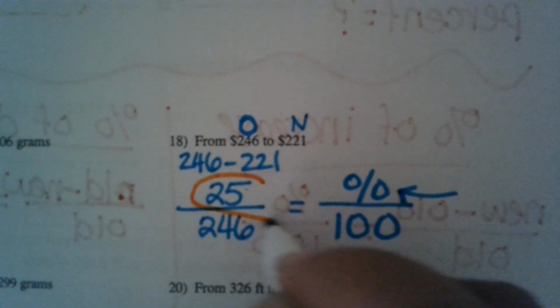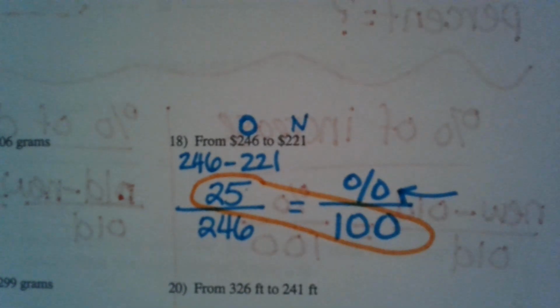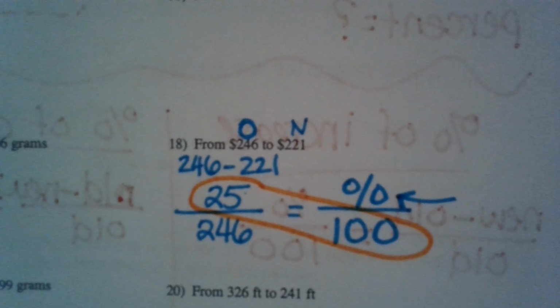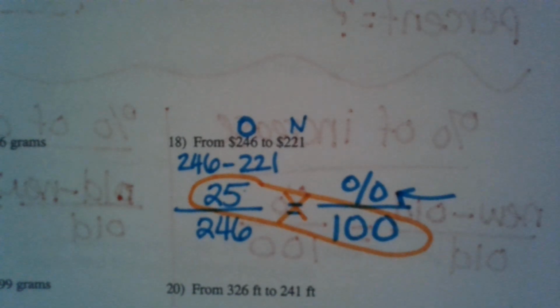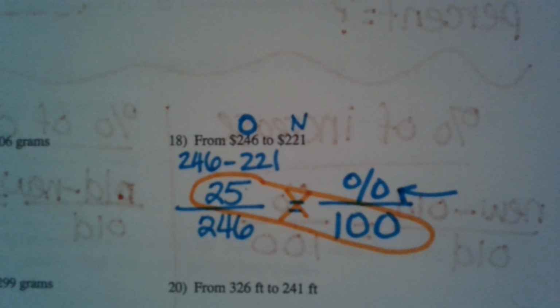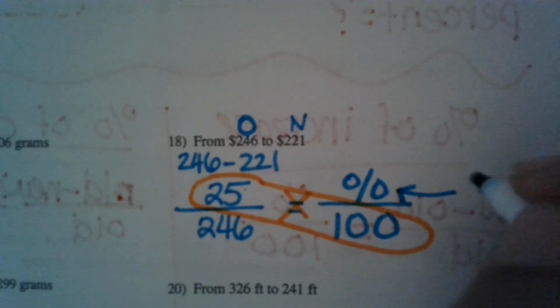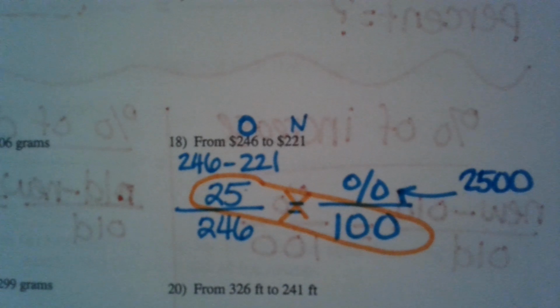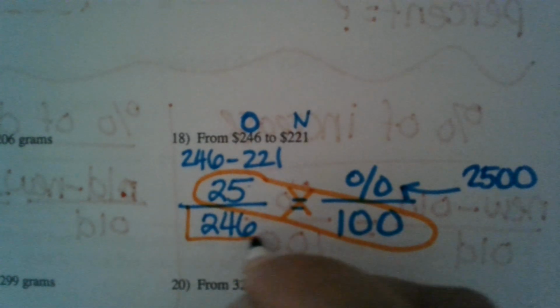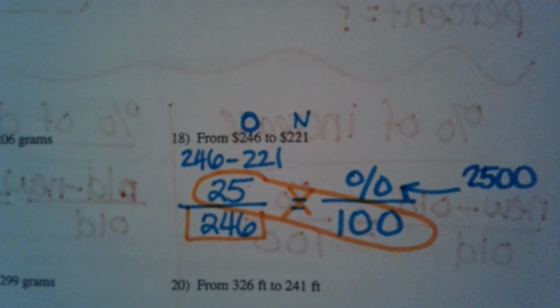So I'm going to multiply the two numbers that are diagonal from each other. So I can do 25 times 100, which brings me to 2,500. And then I'm going to divide what's left. In this case, it's 246.